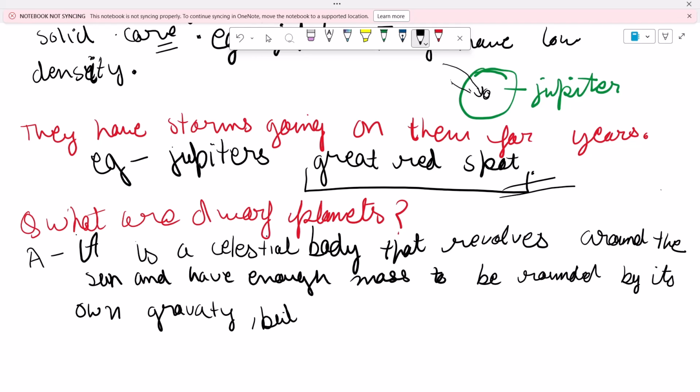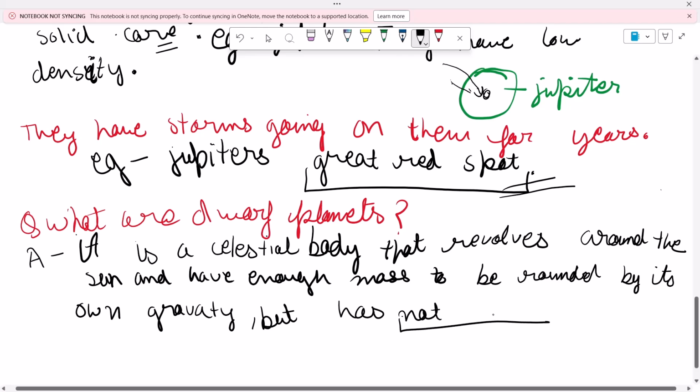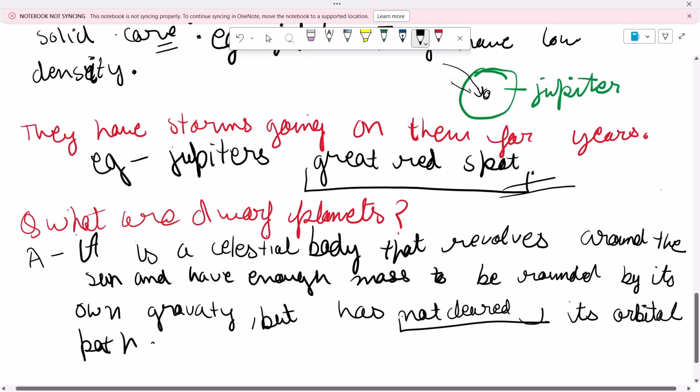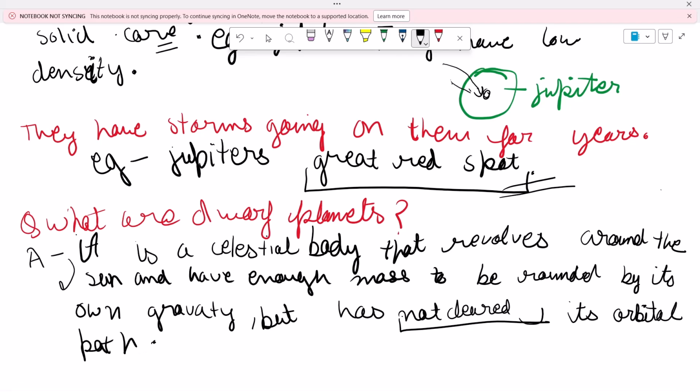but has not cleared its orbital path. That is the simplest definition.